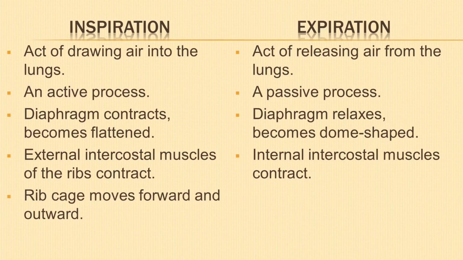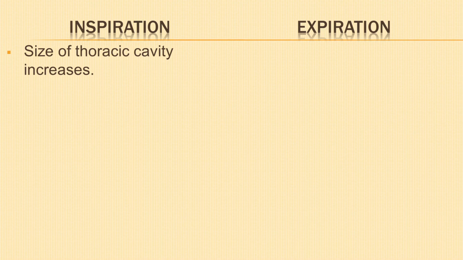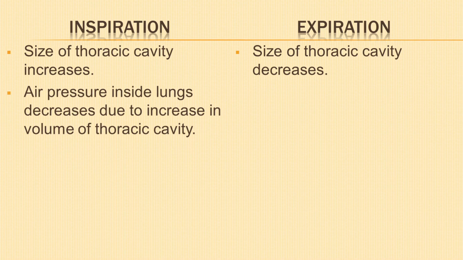The rib cage moves forward and outward during inspiration. During expiration, the rib cage moves downward and inward. During inspiration, the size of the thoracic cavity increases. During expiration, the size of the thoracic cavity decreases. During inspiration, air pressure inside lungs decreases due to the increase of volume of the thoracic cavity.